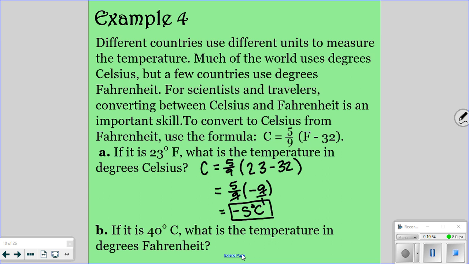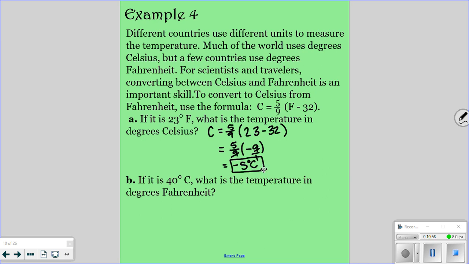You can also use it to go from Celsius to Fahrenheit. So this time it tells us our C is 40. So 40 equals 5 over 9 times F minus 32. So on this one, I'm going to multiply by 9 over 5 on both sides so that my fraction will cancel. And so before we multiply, we can divide the 5 by 5 to make 1, and 40 by 5 to make 8.